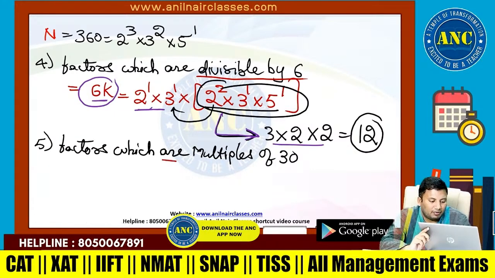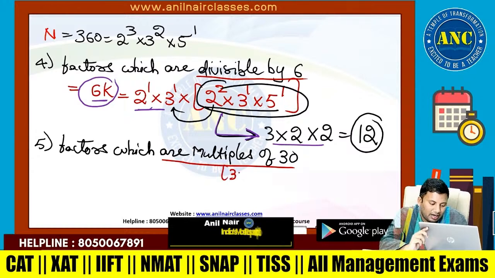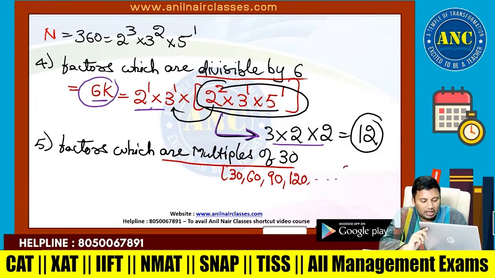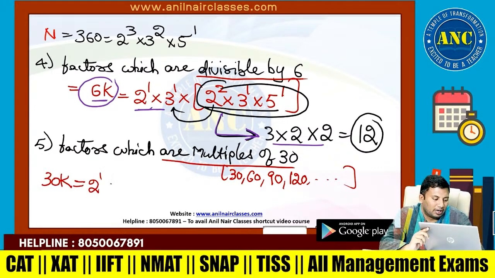Next one. Factors which are multiples of 30. What are the multiples of 30? 3 ones are 30, 3 twos are 60, 3 threes are 90, 3 fours are 120. Any multiple of 30 is of the form 30k. 30 is nothing but 2 into 3 into 5. What is the remaining number?